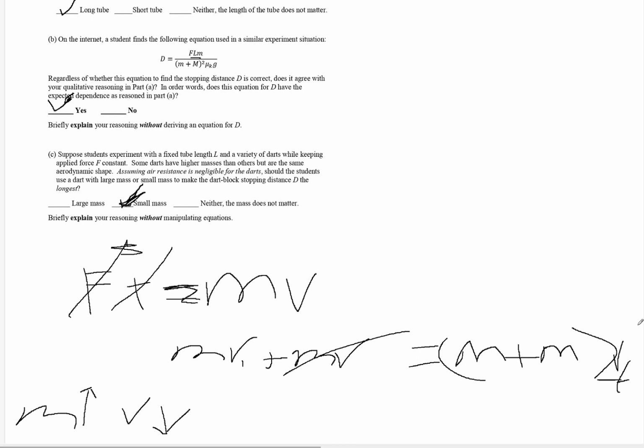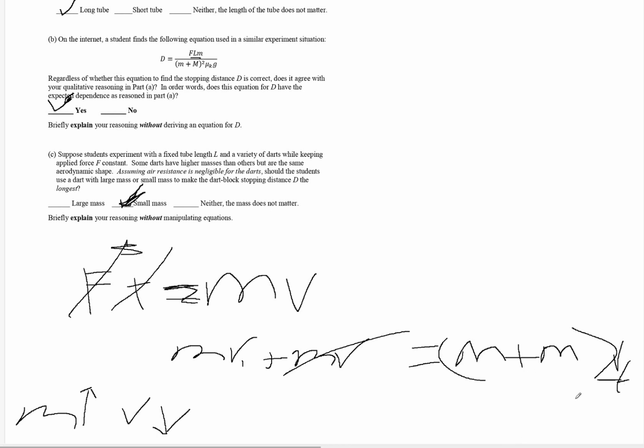So the mass of the dart and the block become one system, and the mass of the dart is smaller than the mass of the block. So the mass of the dart has less of an effect on the overall mass of the system.